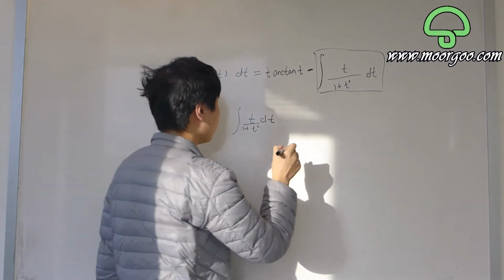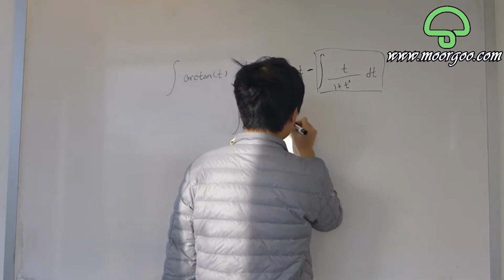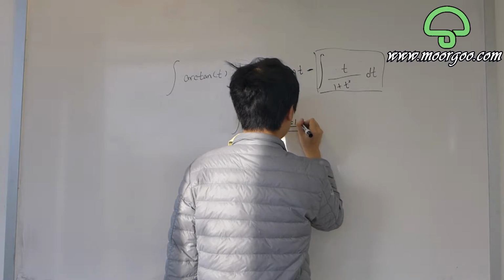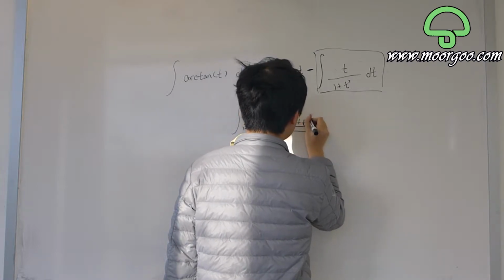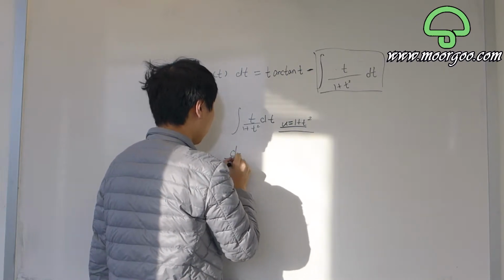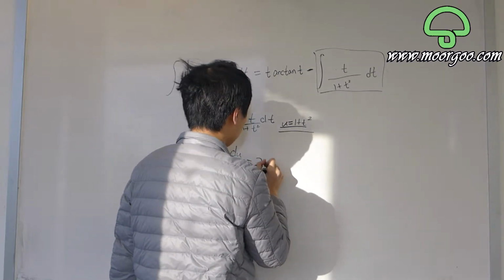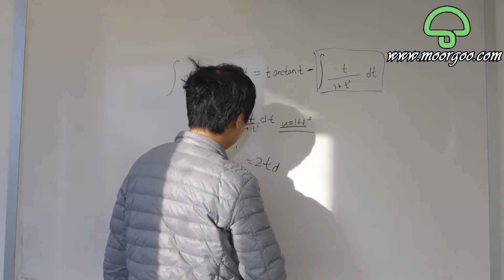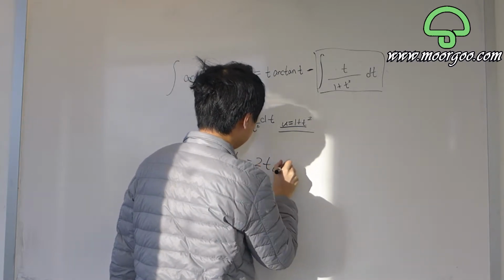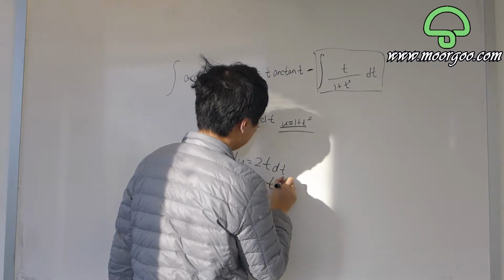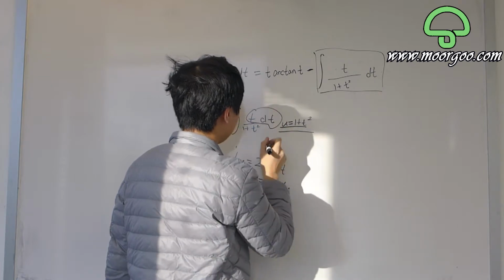We can do this by substitution. Let's let u be 1 plus t squared, and du over dt is 2t. Du is 2t dt, and 1/2 du is t dt, which we have here.